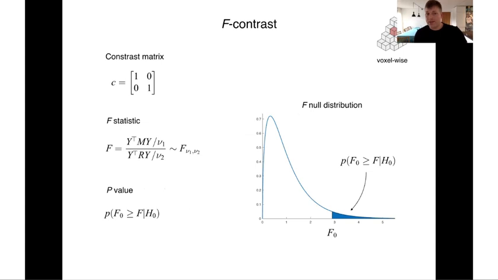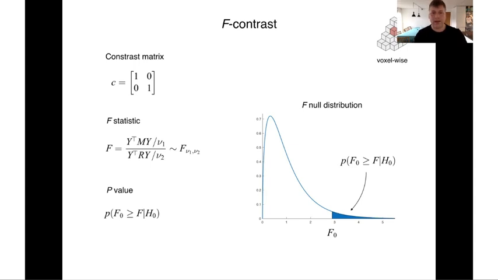So an F contrast can be formed, so we can use a contrast matrix. And this is now different from the contrast vector used for the t-test, because we now have not just one vector of contrast weights, we have a matrix of contrast weights that we can use to test effects.